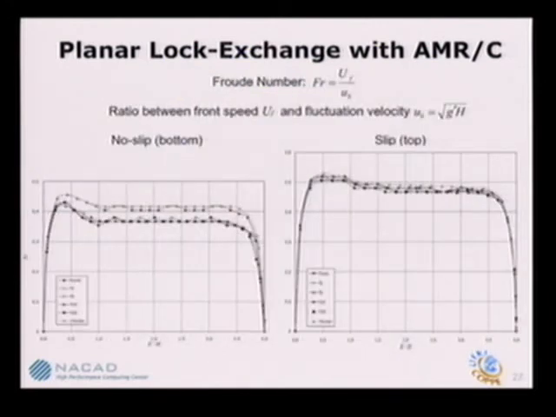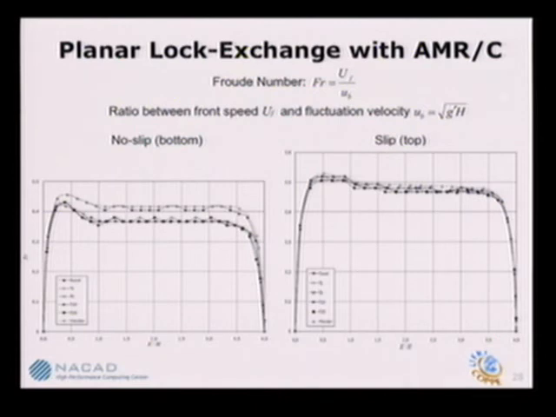And this is the Froude number, the ratio between the front speed and fluctuation velocity, which is dependent on the gravitational effects. And again, we see here that the frequency with which we update the mesh, which apparently was going to play a very important role, doesn't change the results much.